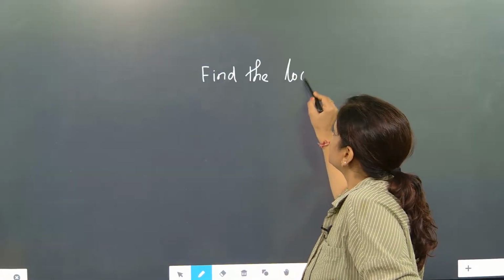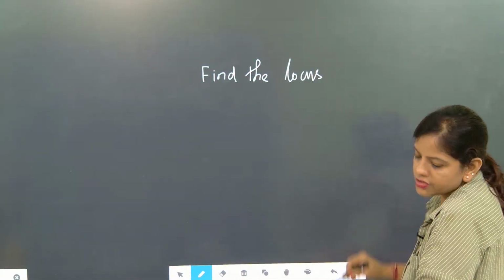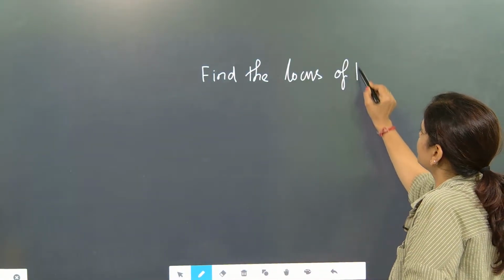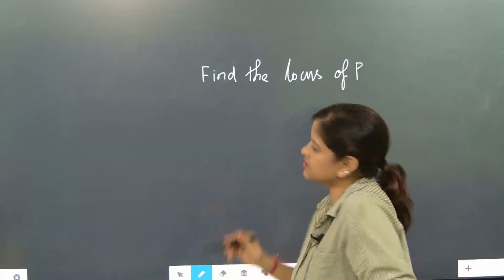Find the locus. Do you all know the meaning of locus? Find the locus of P. It means a point P is there whose locus we have to find, equidistant. Understood?